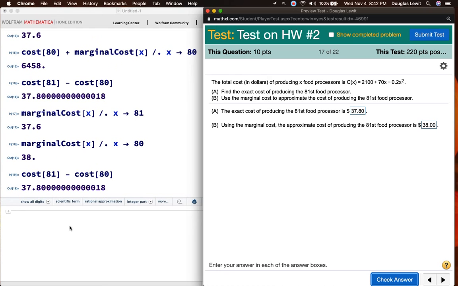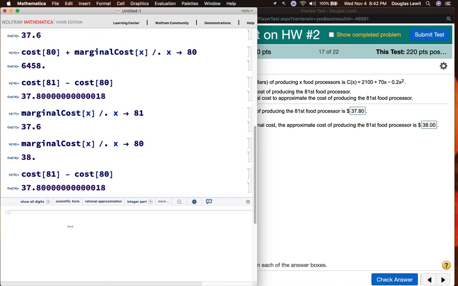How did I get that answer? My marginal cost function is the derivative of the total cost function. When I replace X with 80, not 81, but 80, the value before.